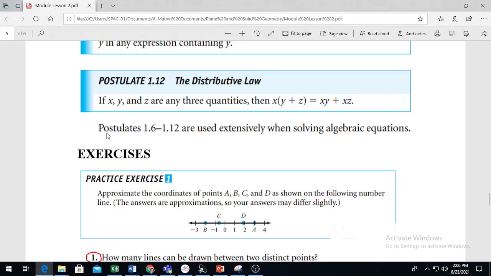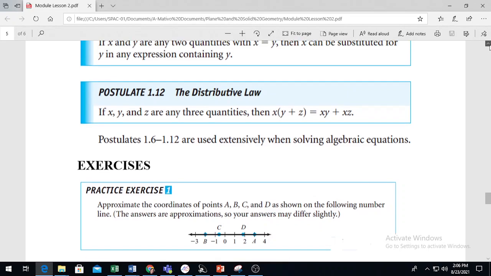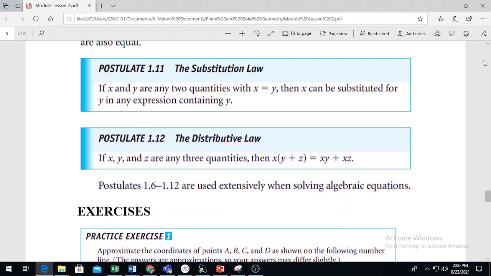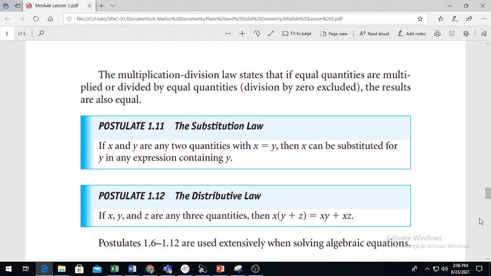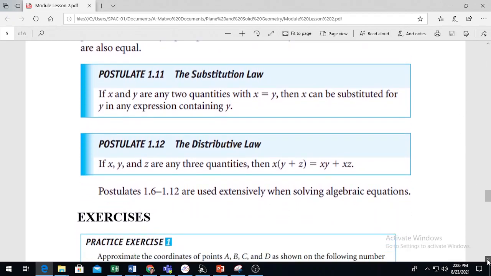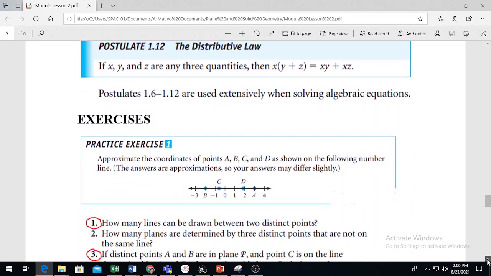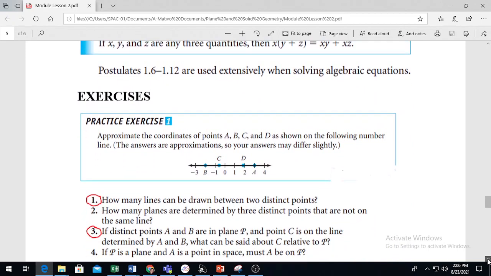So what are those? Reflexive law, transitive law, symmetric law, addition subtraction law, multiplication division law, the distributive law, and the substitution law. I hope you can remember them from now until you start teaching, and that you will not forget them.